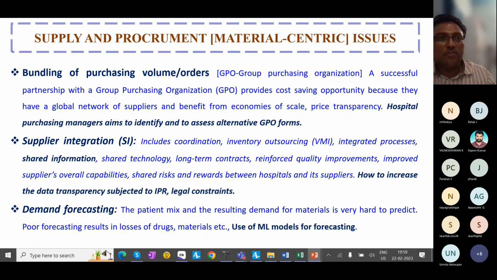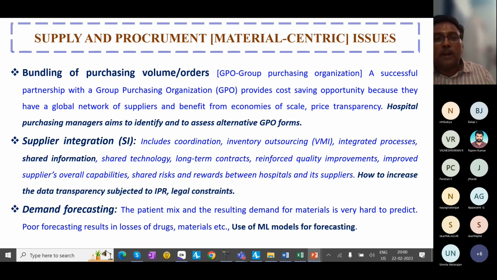What is the advantage? Instead of each hospital buying, say, 100 units of medical equipment, they will consolidate this and put a single order. What is the advantage? You will get price discounts, economies of scale you can achieve, and then price transparency, price assurance, right? So this itself is a research issue. Those who work on supply chain can focus only on this purchasing and GPO.